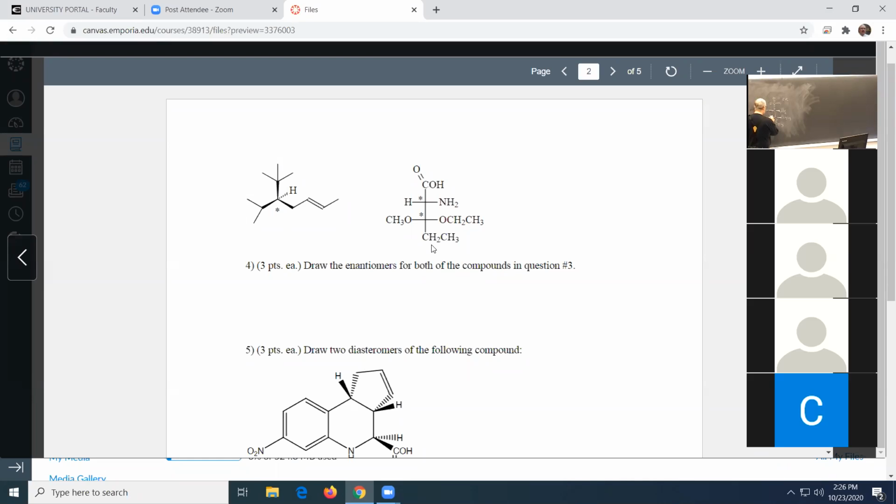This one would be second, and then carbon is third, and ethyl is last. So this goes 1, 2, 3, which is clockwise, and the lowest priority group is back. So this one would also be R.